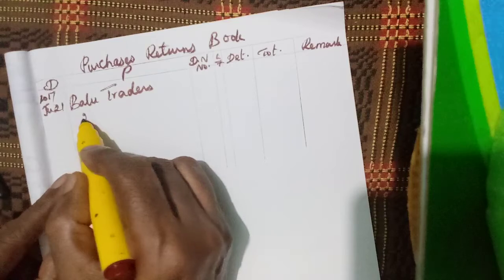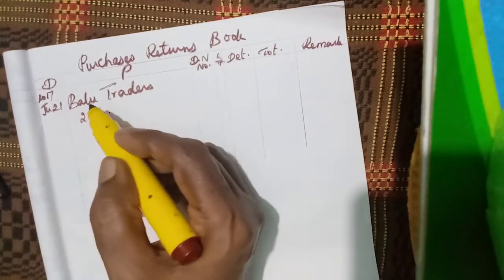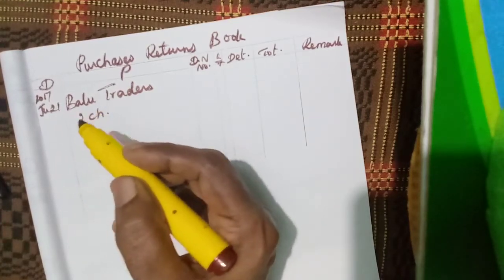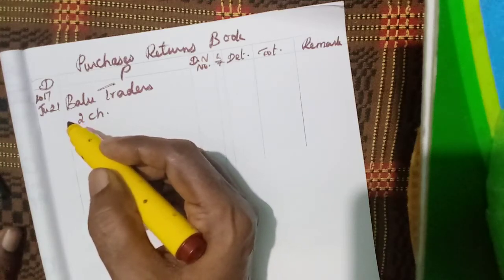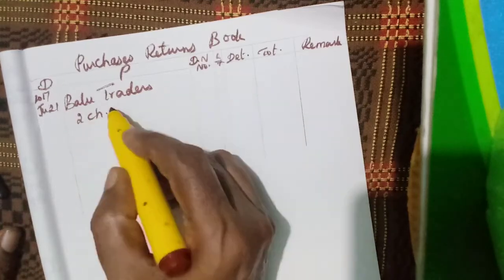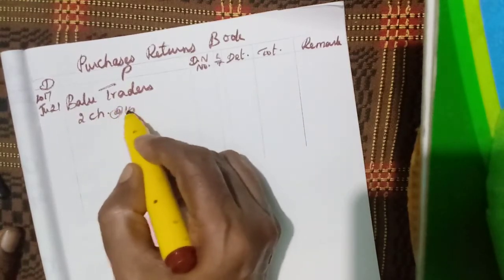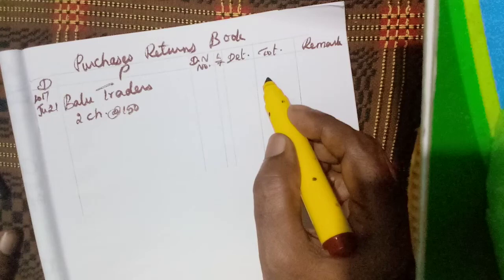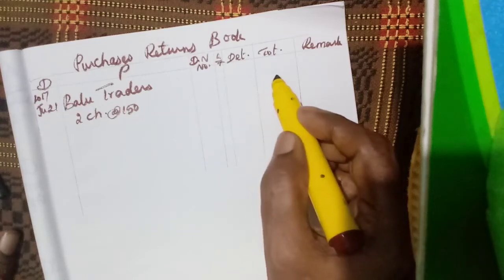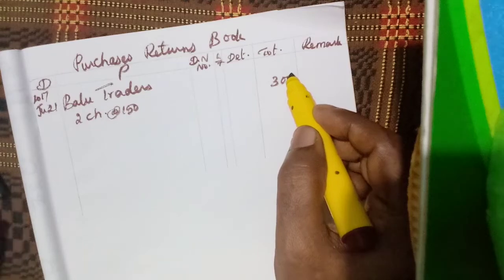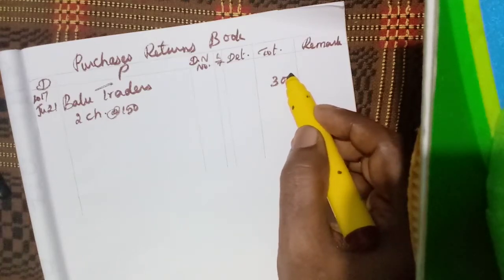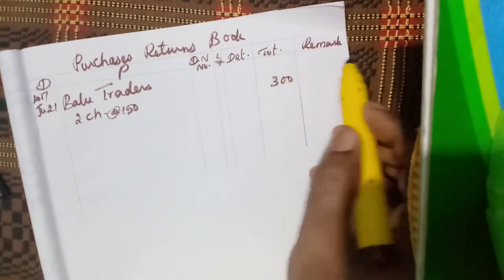We should find out the amount. June 1st, we bought from Balu Traders chairs at 150 each. So we have to write at the rate of 150. How much will we get? 300, isn't it? Now the reason is given. Okay, no need to write.